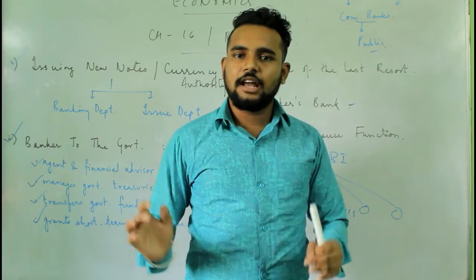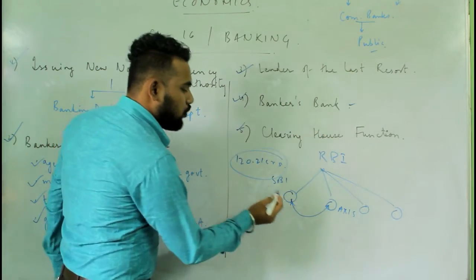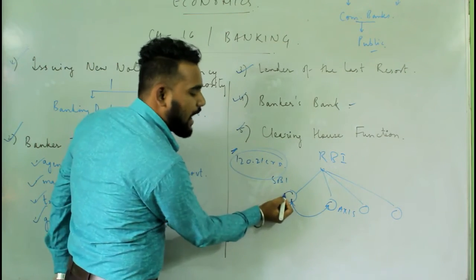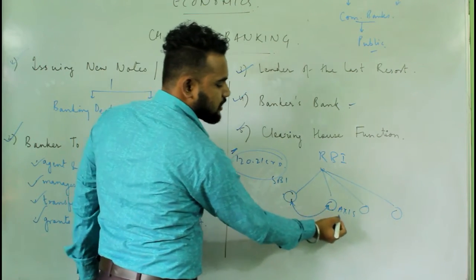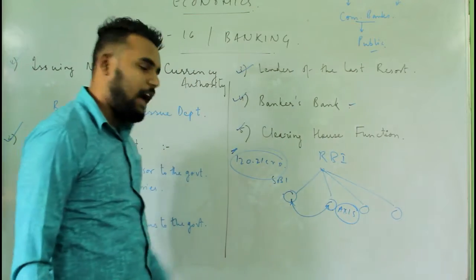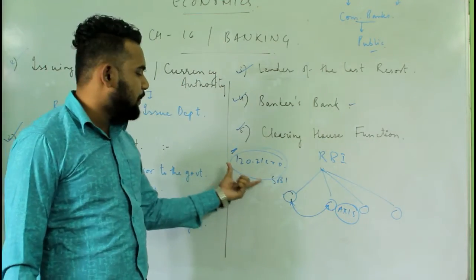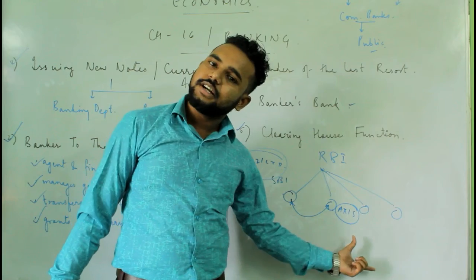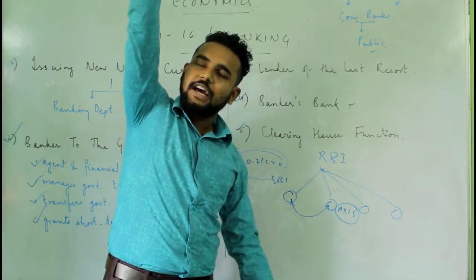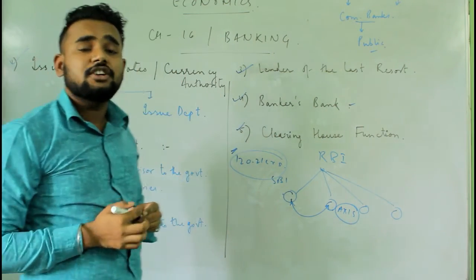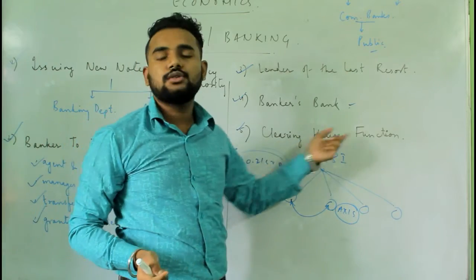I can request RBI to transfer this much amount of money from my account to the account of Axis Bank. Clear? RBI के पास तो सबका account है. So RBI मेरे account से इतना पैसा लेकर के इसके account में transfer कर सकता है. वहीं पे बैठे-बैठे RBI कर देगा. You don't have to do anything out here. So this function is known as clearinghouse function.